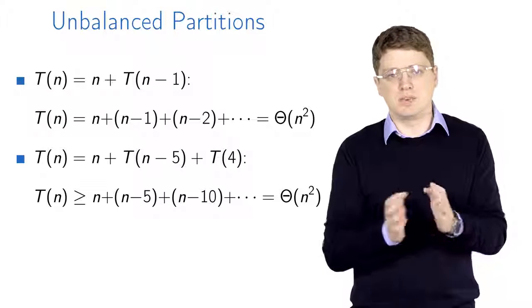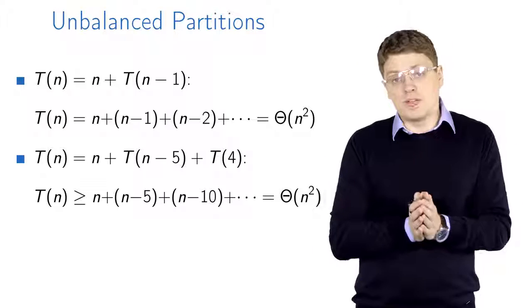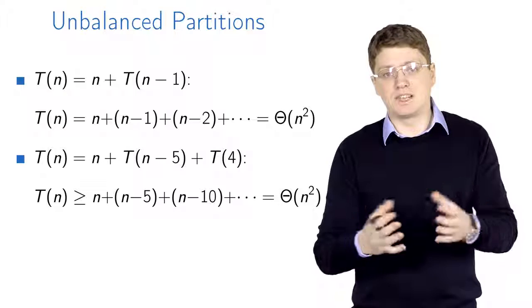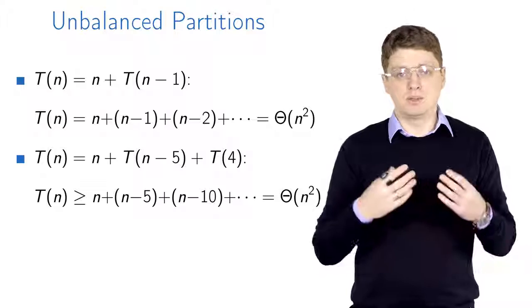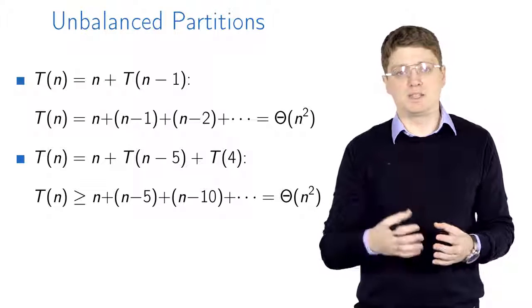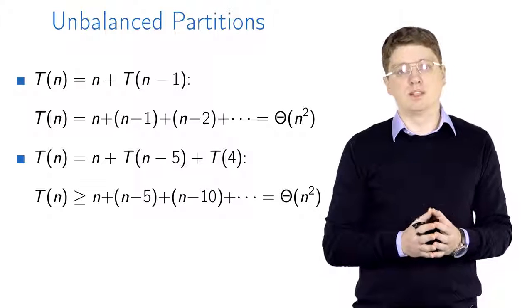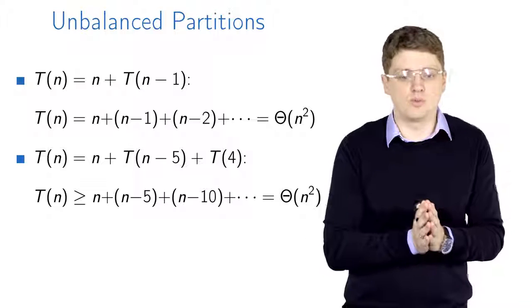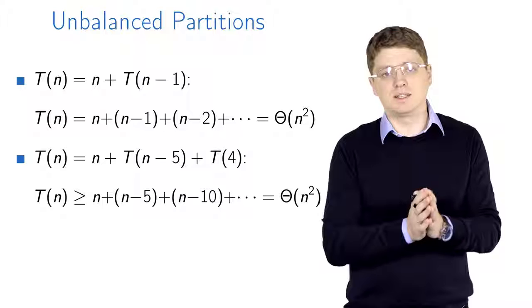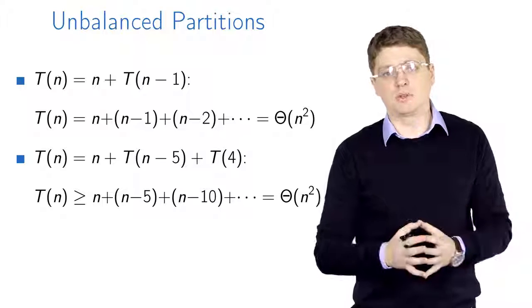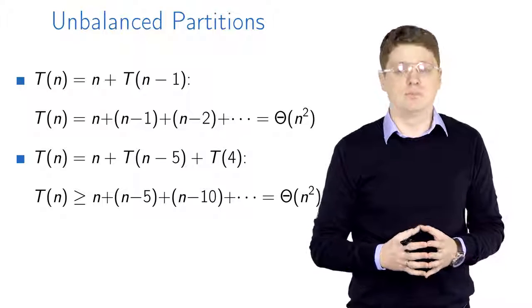They are very different. Okay, so I claim that in this case, the running time is also going to be quadratic. And this can also be shown just by unwinding this recurrence relation. So let's just throw away this T of 4 and leave only T of n minus 5. And so T of n is equal to n plus T of n minus 5.